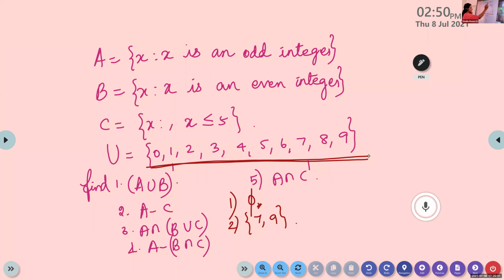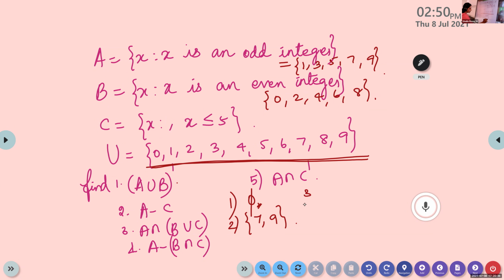So in A, we will not write all odd integers; we will write only those integers which are given in U. So in A, we will get only 1, 3, 5, 7, 9. In B, we will get 0, 2, 4, 6, 8. Now is it okay, Jyoti? We are not taking the even numbers. So the second one, the answer is 7, 9.